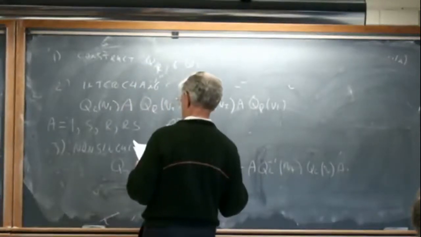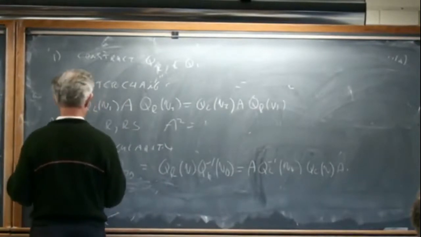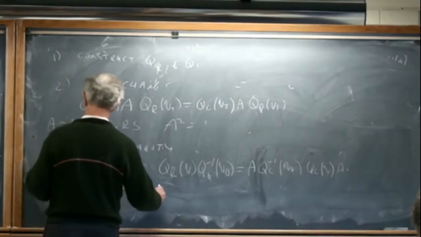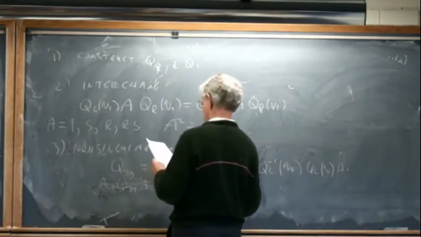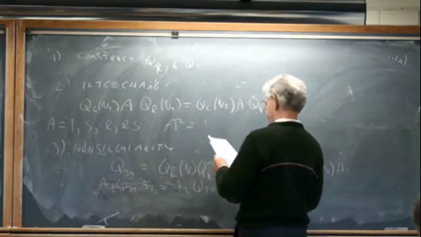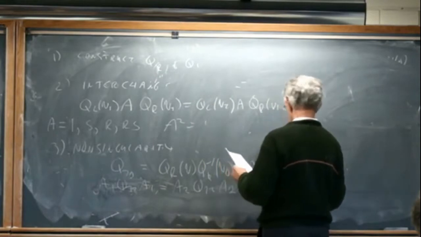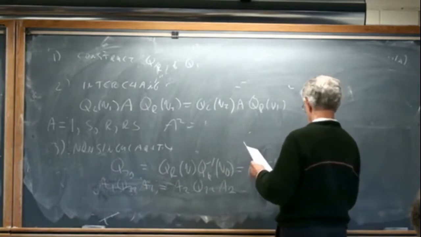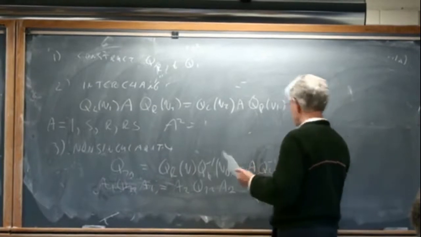From these equations, we will then find that if we have a situation where there are two matrices, if we have an A1, which equals A2, we will find that the operator Q commutes with the operator Q72.